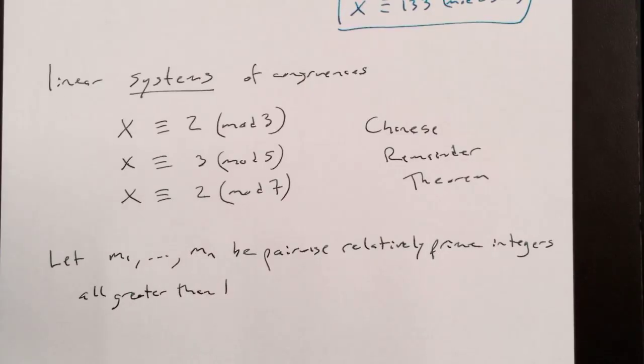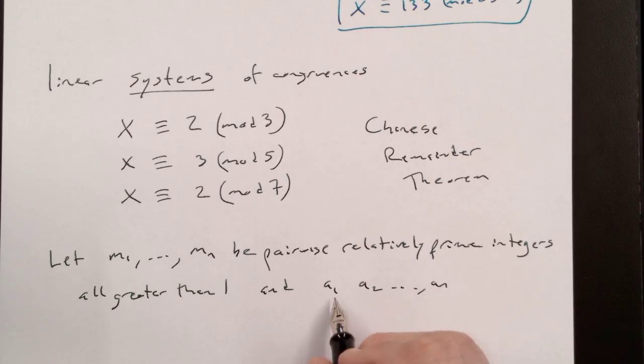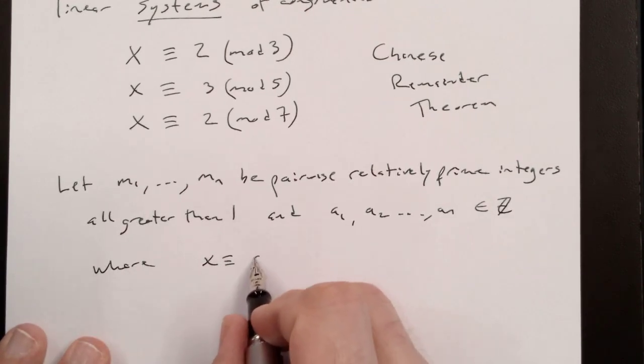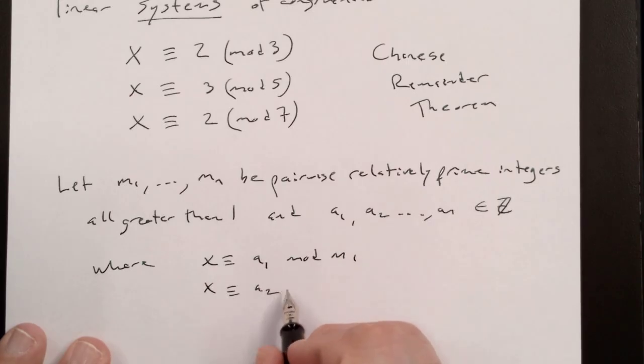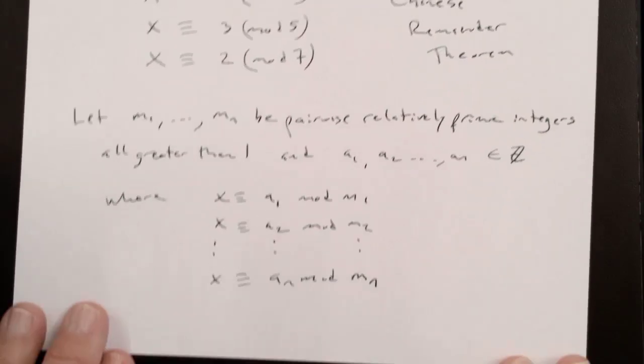These are the moduli, m1 through mn. In our case, we only have 3 of them, but I could have as many as I want. And a1, a2 up to an integers, where x is congruent to a1 mod m1, x is congruent to a2 mod m2, and so on. x is congruent to an mod mn.